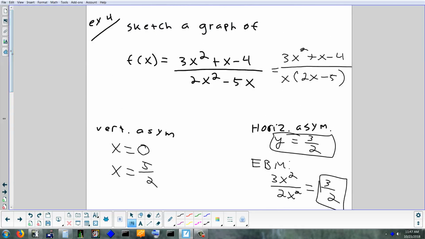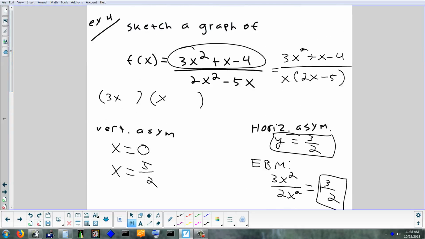X-intercept, well, I think it's going to cross the x-axis somewhere. For this one, I'm not as concerned about it because you'd have to basically set that equal to 0 and solve it. I'm not sure that's going to factor nicely. Let me try it quick and see. If it does, then great. If it doesn't, I'm not concerned about using quadratic formula.